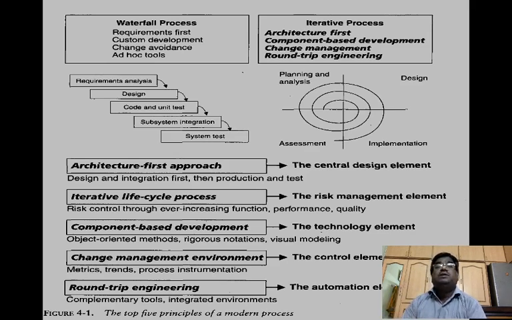The advantages of the iterative process model are: 1, architecture first; it follows component based development; an iterative life cycle; change management is allowed; round trip engineering is possible. During round trip engineering, it does several iterations. These are the major phases in the iterative process model.